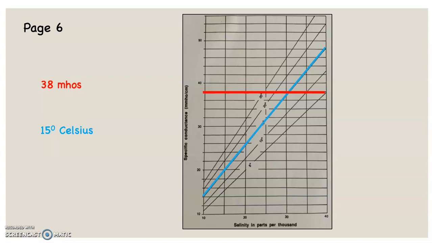Now look, I just plotted in red 38 mhos. You can see the line going across the graph in red. And I already had 15 degrees Celsius plotted on here. Where those two lines come together, right there where the yellow arrow is pointing, we're going to draw a line straight down. And when we do, you could see that where it gets down to the bottom, where we're at salinity in parts per thousand, that line is about at, what would you say, 31?